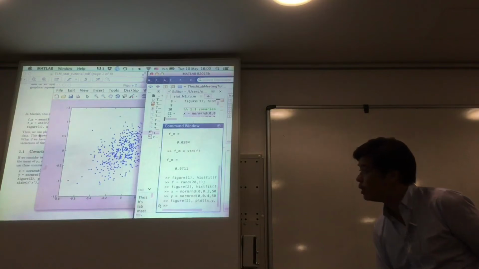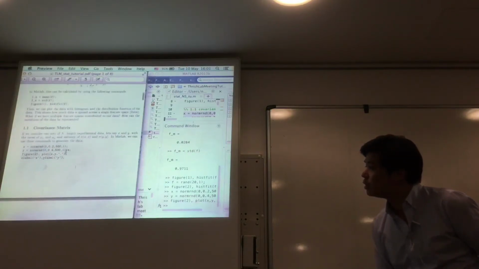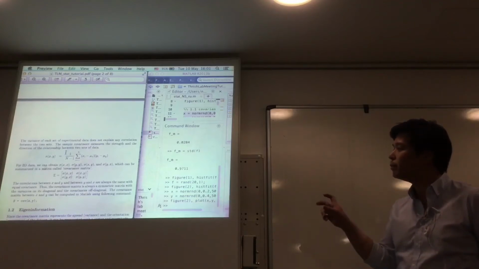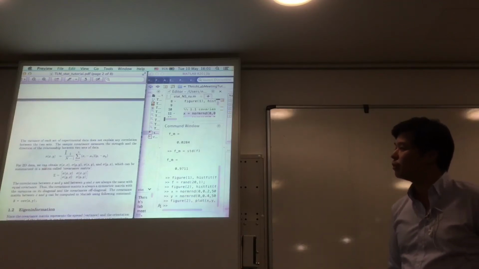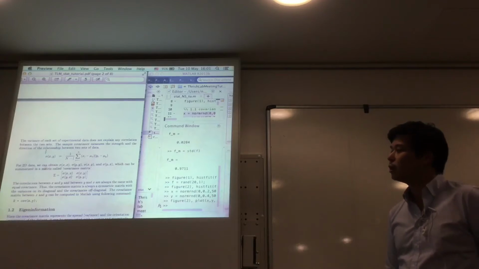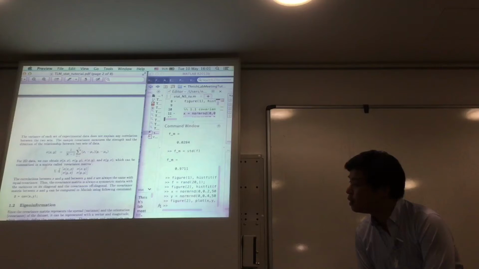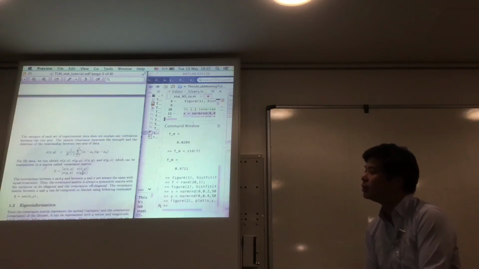That's why we also need to consider the covariation of both sets of data by computing the covariance, which I will not go through because this one is quite straightforward. In the covariance matrix, we have the variance of X alone, the variance of Y alone, and the covariance, which are equal to each other.